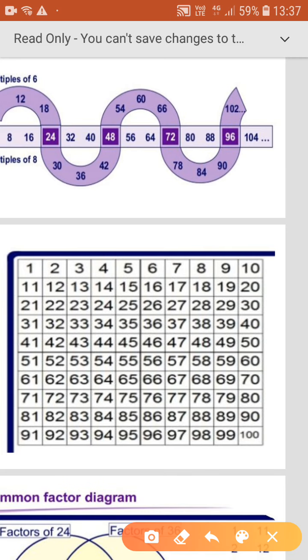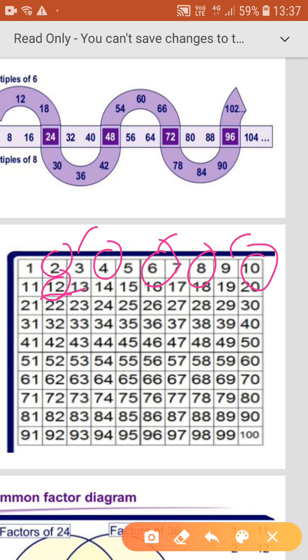Here you can do this question also in your exercise copy. Like we have 2, the first multiple is 2, the second multiple is 4, similarly 6, 8, 10, and you can see a pattern over here that it comes after every 2 places. Similarly, the multiples of 3 are 3, then 6, then 9 and 12.